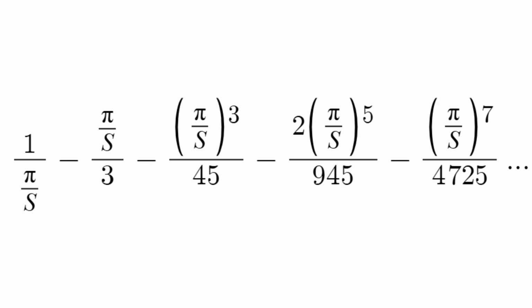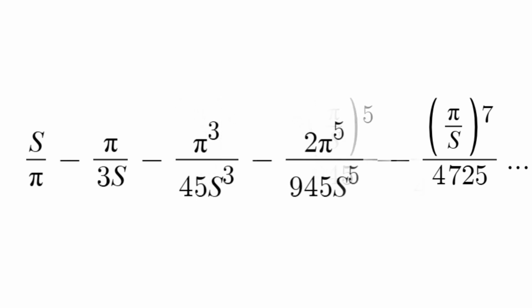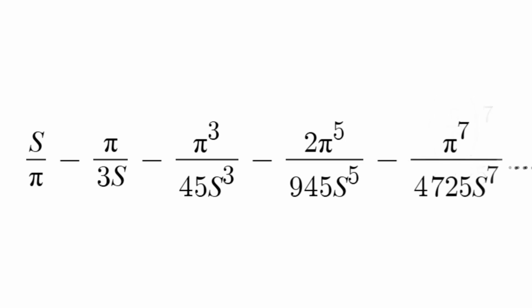If we sub pi over s into the cot Laurent series, we will get s over pi minus pi over 3s minus pi cubed over 45s cubed minus 2 times pi to the 5 divided by 945 times s to the 5 minus pi to the 7 divided by 4725 s to the 7, and on and on.